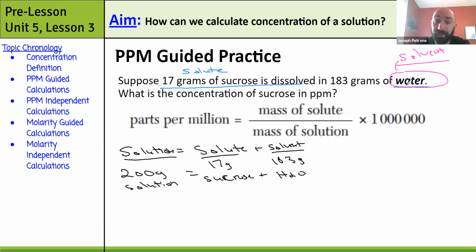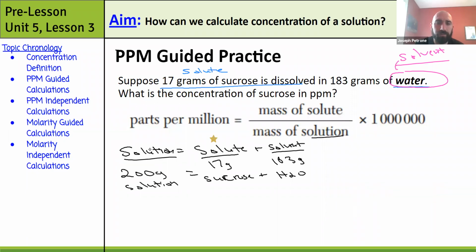And because we're stating specifically that the sugar, the sucrose, is dissolving into this water, we can recognize this is the solvent and not our solution. So we need to make sure we know the mass of the solution, not the water. So once again, we're going to just kind of star what we have.